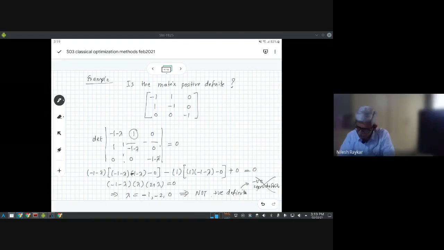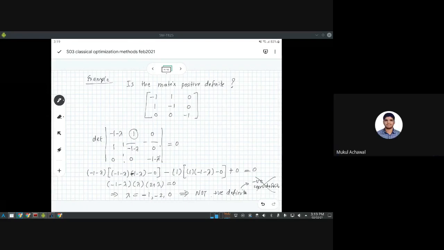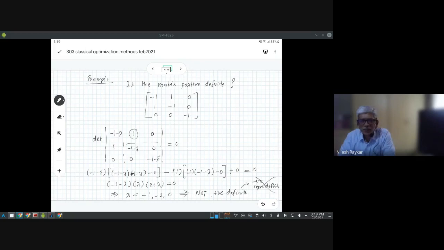So you are saying -1 minus lambda is common, either from R3 or C3. Yeah, that's right, that is a good observation. That's nice, that's right, Mukul. Yes, sir. One would have done that also, but that is okay, I will accept that. But here the purpose was to illustrate the procedure.